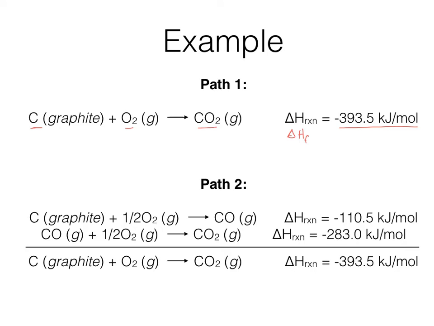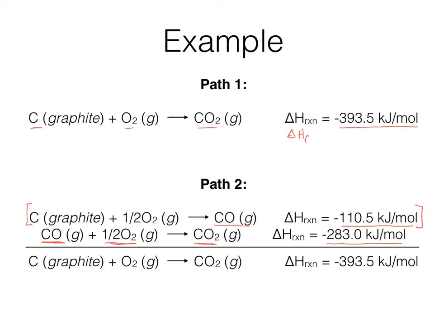Or I can look at it as a two-step process where first I create carbon monoxide, and my delta H of reaction is equal to negative 110.5 kilojoules per mole. And then I combust that carbon monoxide, the CO, with oxygen, creating CO2, which gives me a delta H of reaction of this.